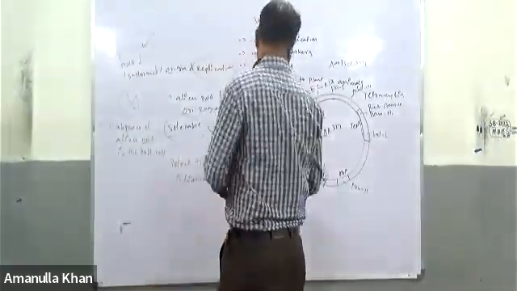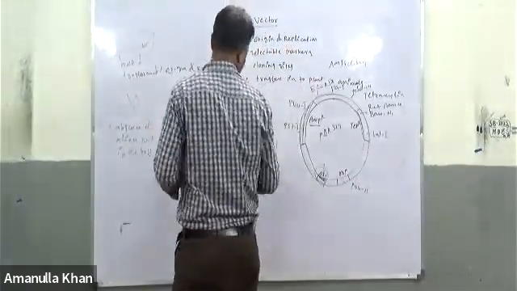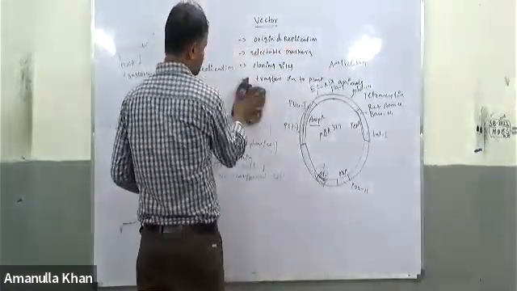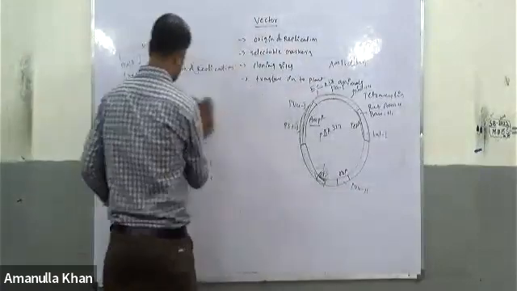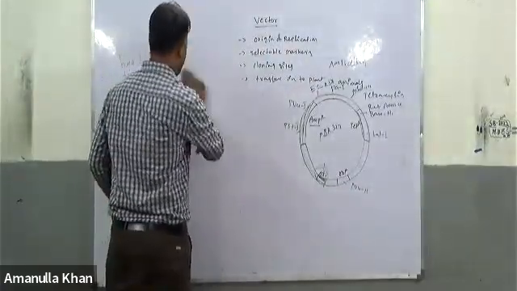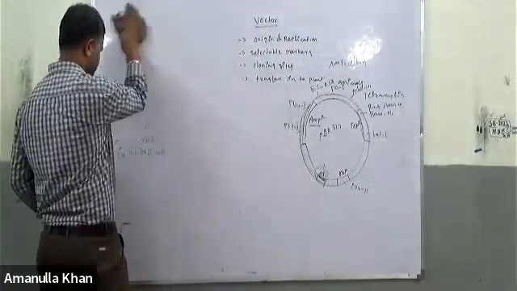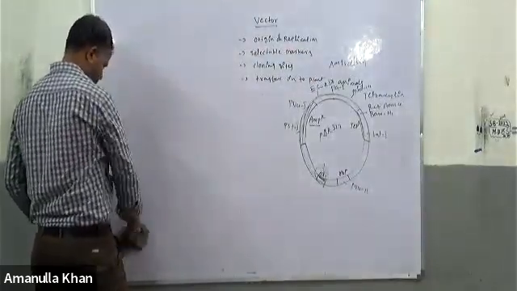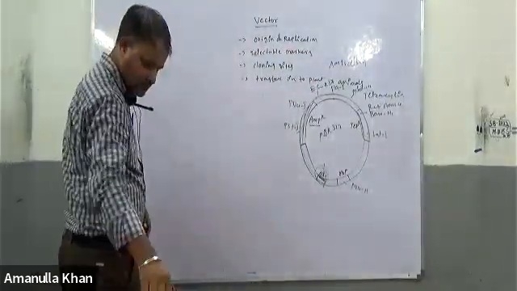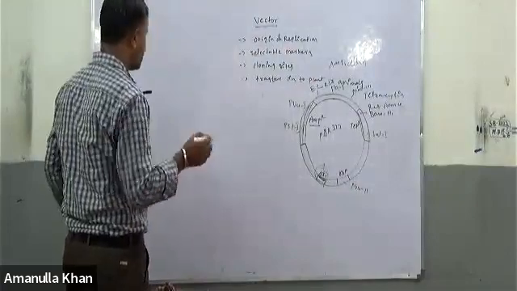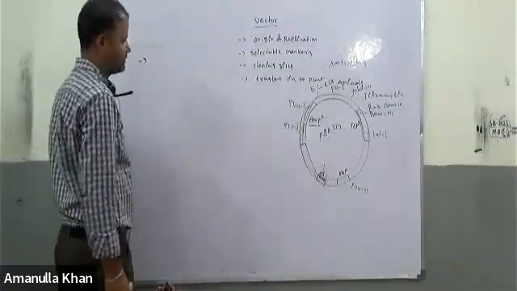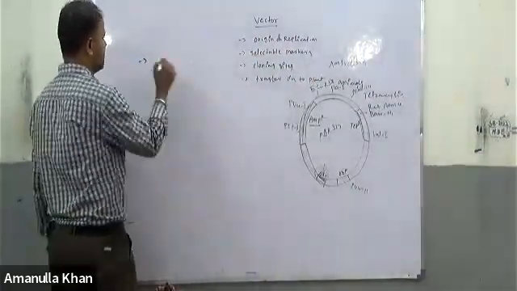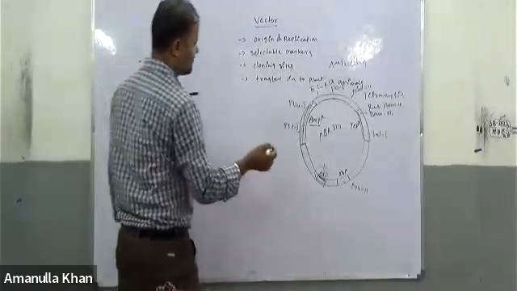So how is that transformed cell cloned? One cloning site is preferable. How many cloning sites are preferable?